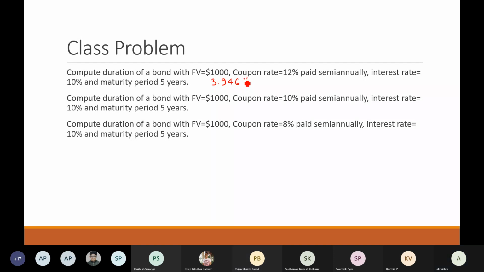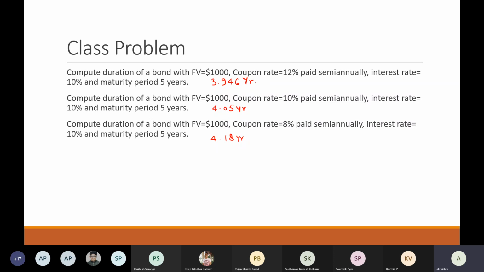Yeah. For the second, 4.05. Third, 4.18. At least it seems your trend is clear.